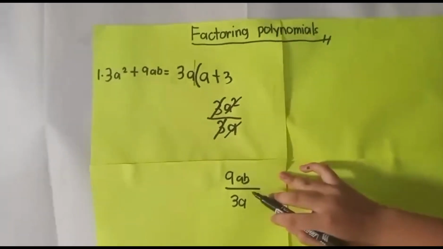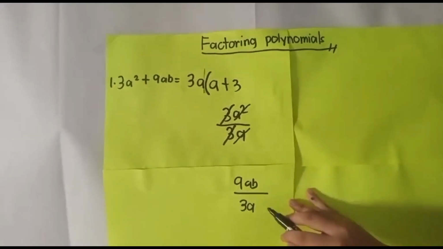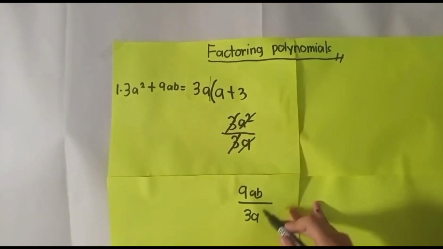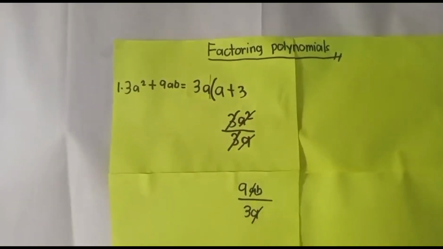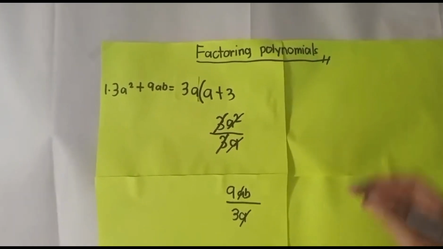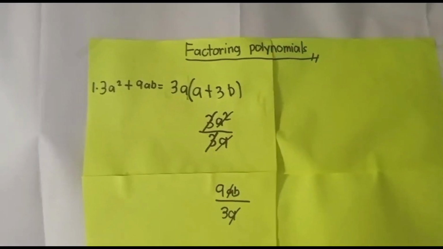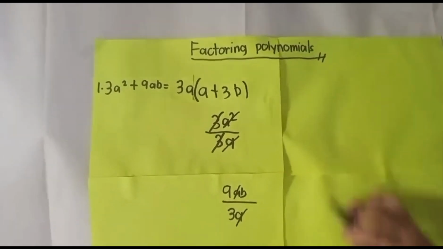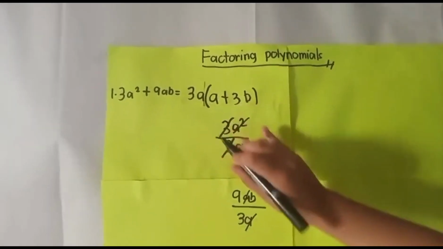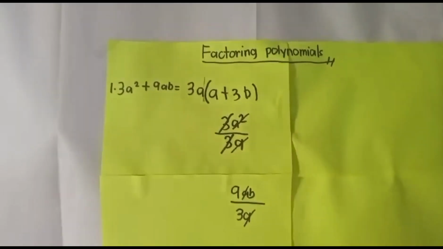Ika-cancel out natin ang a. So, ang matitirang variable is B. Therefore, ang sagot natin sa number 1A is 3A times A plus 3B.